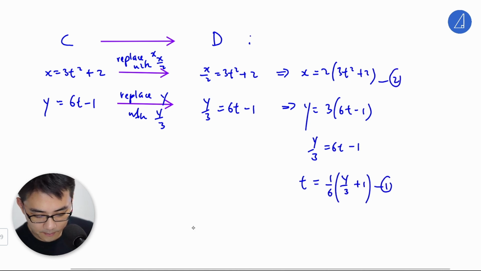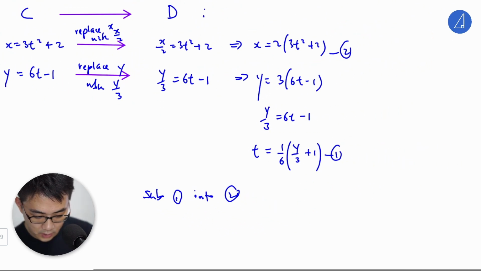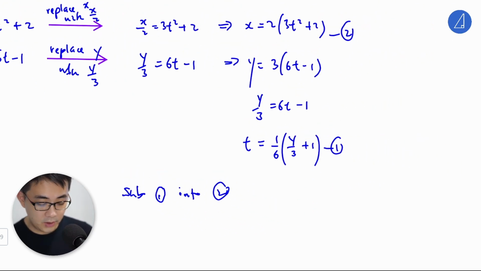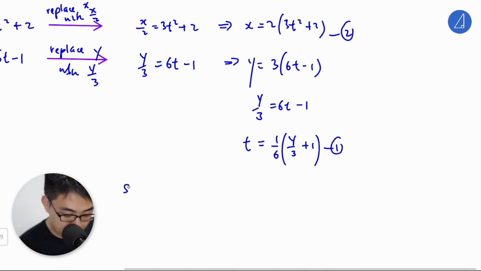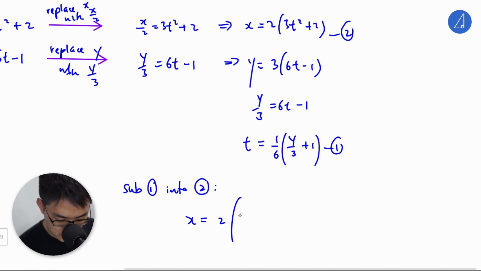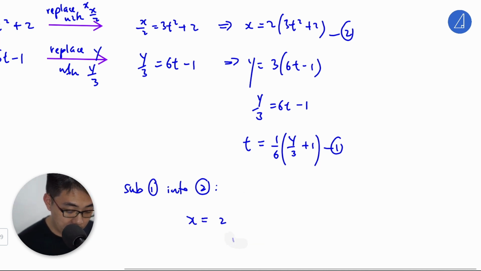So I'm going to sub 1 into 2. Because you just want the Cartesian. Cartesian equation just means from the parametric form, get rid of the t. You do not want to have a parameter. Parametric means it contains a parameter. Cartesian just means it doesn't contain any parameter.